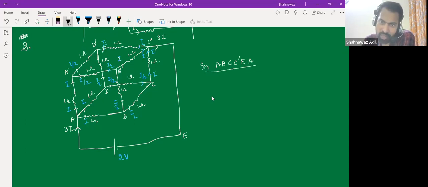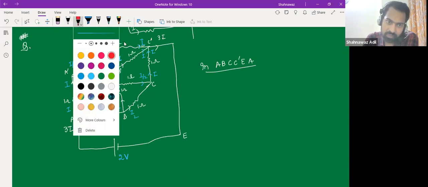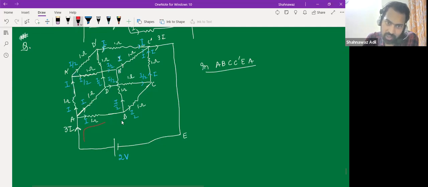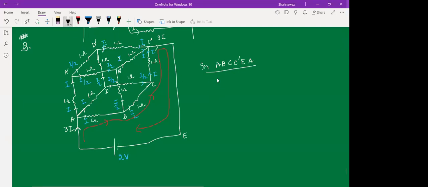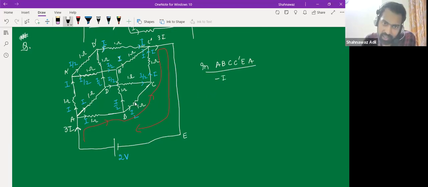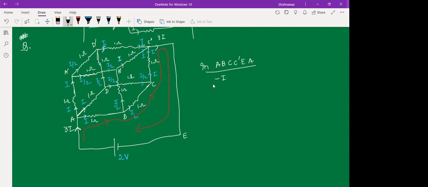Okay, you guys tell me what would be, we are going from here to here to here to here to here. So what should be here? Minus IR. Minus I. R is 1. Okay. And here, what should I get? Minus IR.